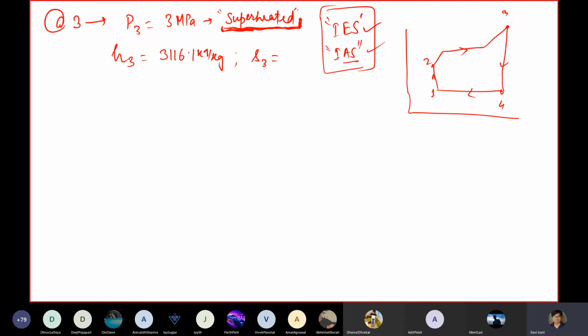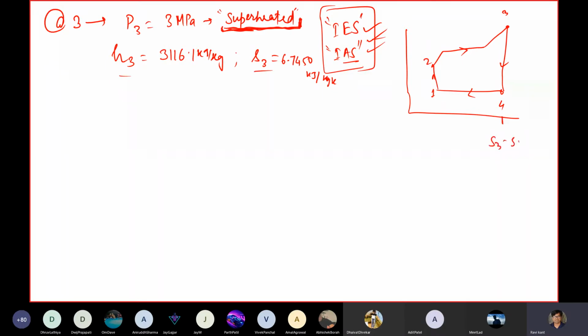It would be very fruitful to understand these concepts right now if you want to crack these examinations. And S3 was 6.7450 kilojoule per kg Kelvin.